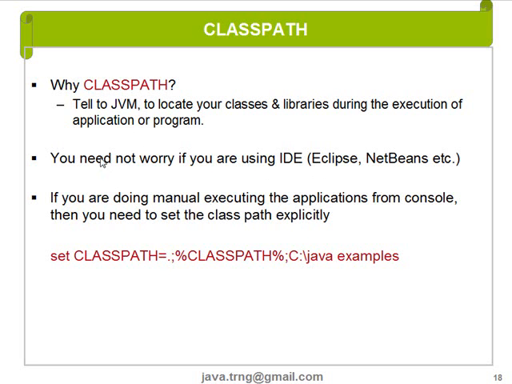But if you want to set the classpath on your command line before running the programs, you can do it like this: set classpath equal to dot, meaning whatever classpath is already there, let it be, and then append C:\Java examples, meaning whatever class files or libraries are located inside the Java examples should come under the classpath.